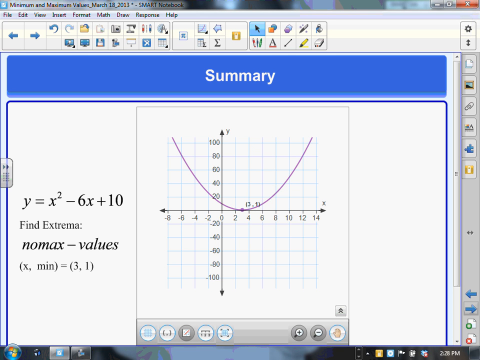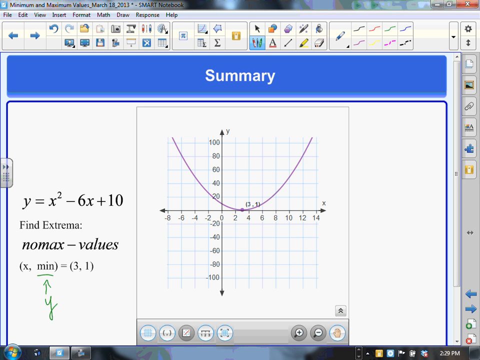Using notebook software, we can attach the function to its graph, and it has an extrema finding feature called find extrema. The result says that there are no max values, meaning that there is no maximum, but rather that there is a minimum value in this case. Just to make this clear, the program refers to this as its y value.